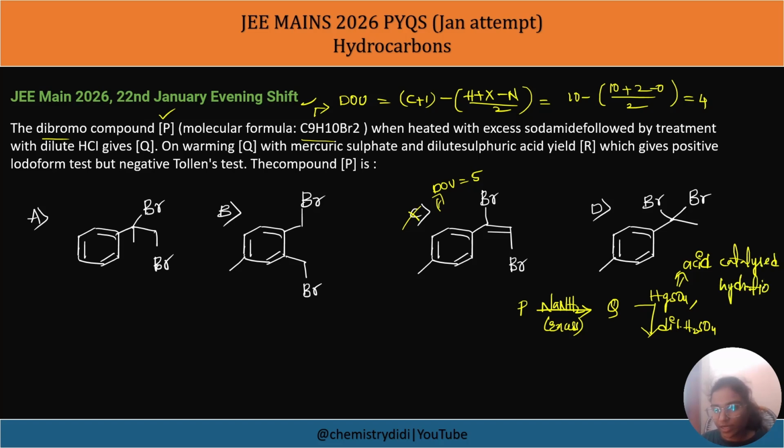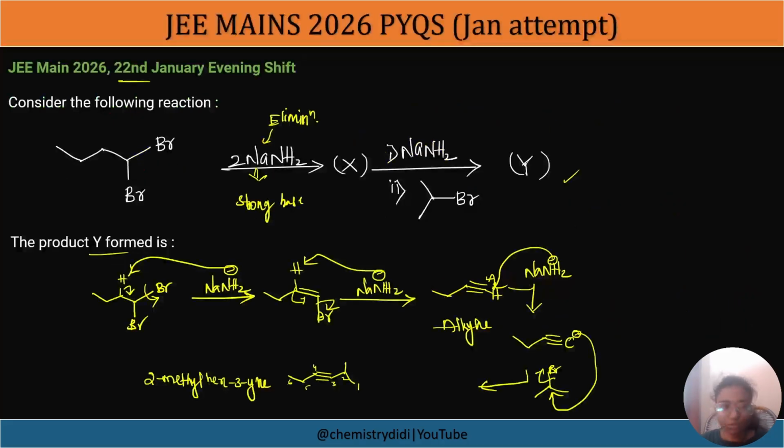One thing I just wanted to tell you over here. As they have given excess NaNH2 here and it contains dibromo, from this we will get to know that this compound Q should be an alkyne, because here double dehydrohalogenation happens, which we have seen exactly over here.